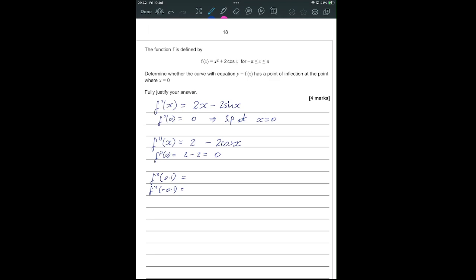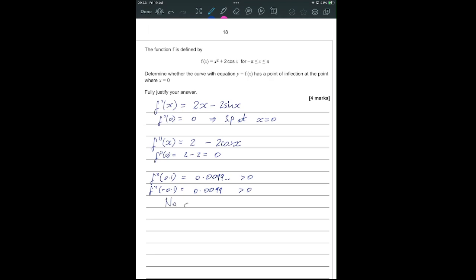Now, if you're doing this in your calculator, you do need to make sure that you're in radians. Nothing about the question actually said so, but as soon as you see any kind of differentiation, you have to be in radians. So I subbed in 0.1 and I've got that. I've subbed in negative 0.1 and I get exactly the same thing.